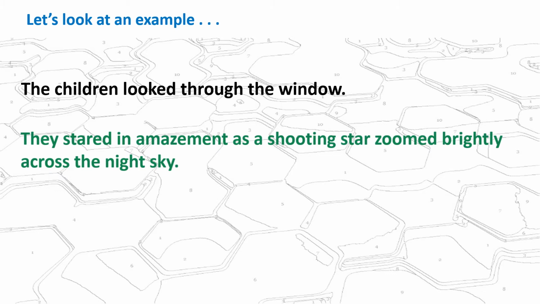Now, they stared in amazement. What we need to do is think about a simile to describe staring in amazement. Now, there are similes that we could think of, like they stared like a rabbit in the headlights. Now, what does that mean?